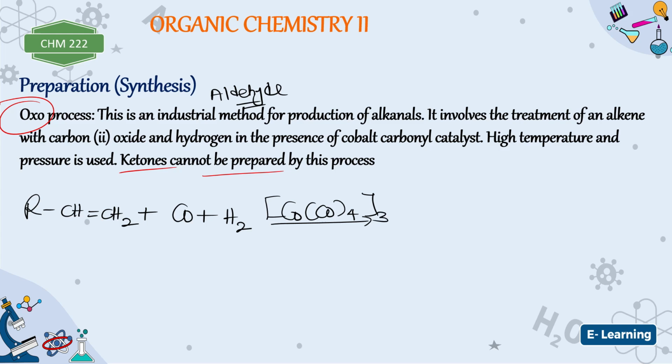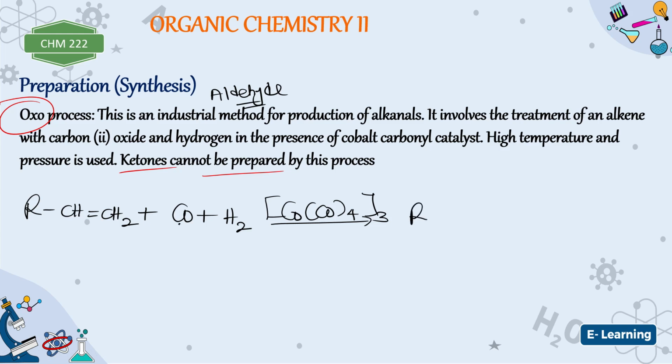Now, what do you think will actually be formed here? Listen, it's a very simple reaction. This carbonyl group will be attached here. Are you getting it? To this one, and then this double bond here will break. One hydrogen will be attached here. Are you getting it? Then one of the hydrogen will be attached to this group here, so that at the end of the day you are going to get something like this.